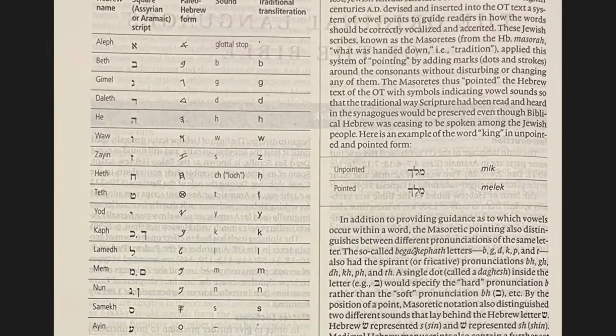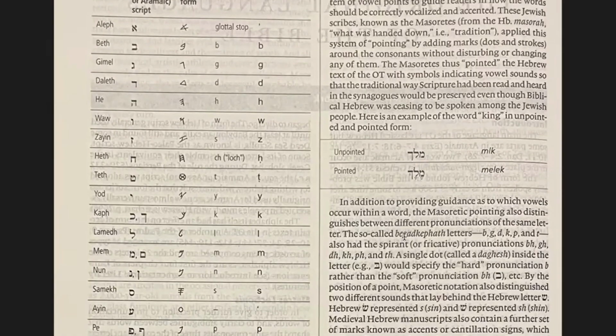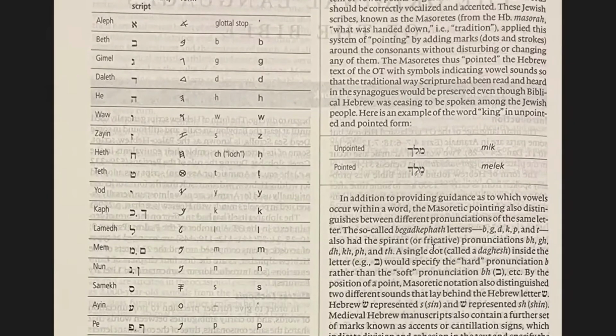The so-called Beged Kefeth letters, B, G, D, K, P, and T, also had the spirant or fricative pronunciation b, g, d, k, f, and th. Now, for those of you who do know Hebrew, I probably messed that up. So I did my best here.